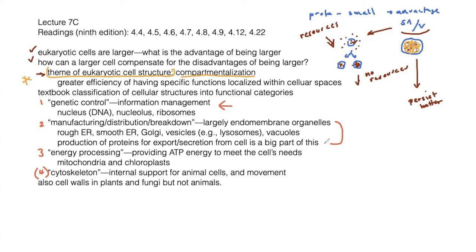Manufacturing, distribution, and breakdown is the endoplasmic reticula, the Golgi, the vesicles, vacuoles. Since we do address things like the effector B cells, the cells that produce lots of antibodies, that's a process of manufacturing and secreting proteins.